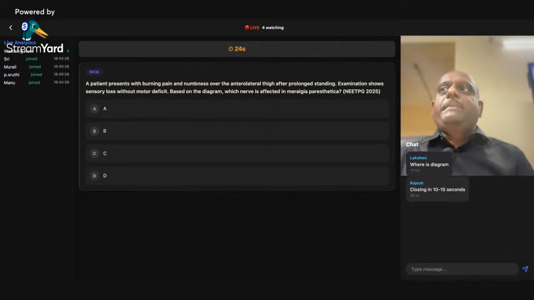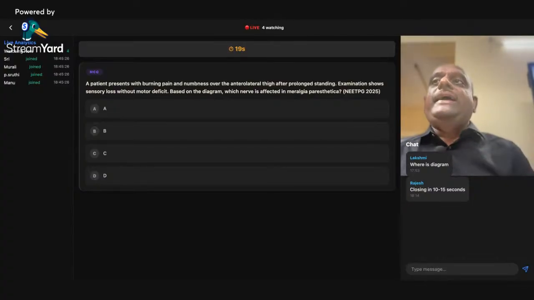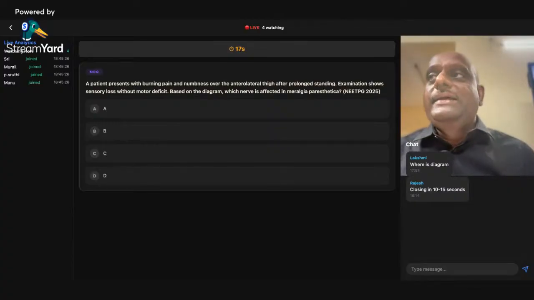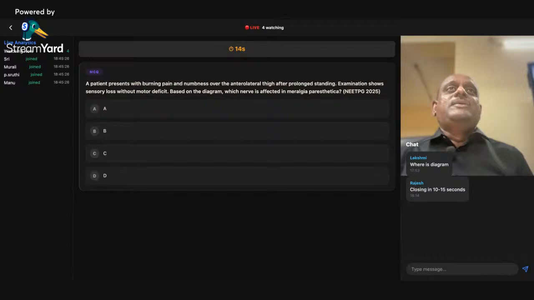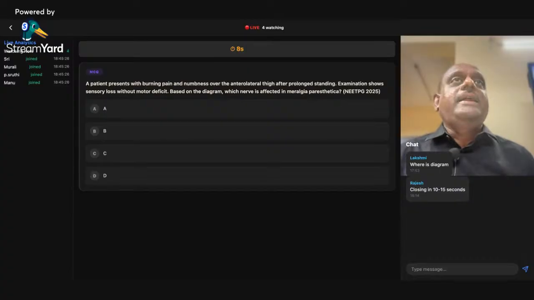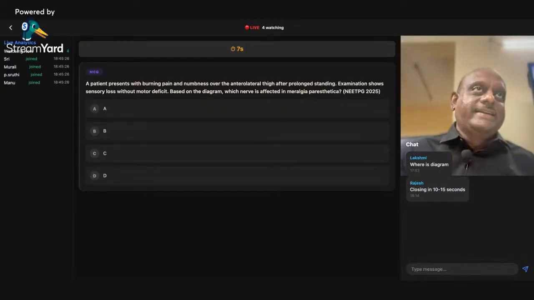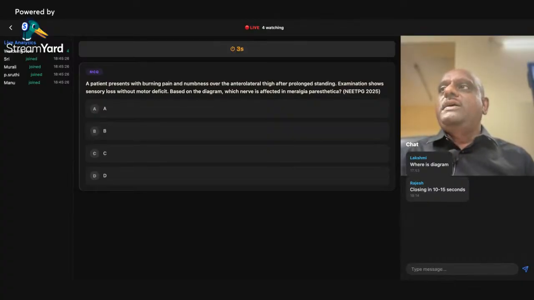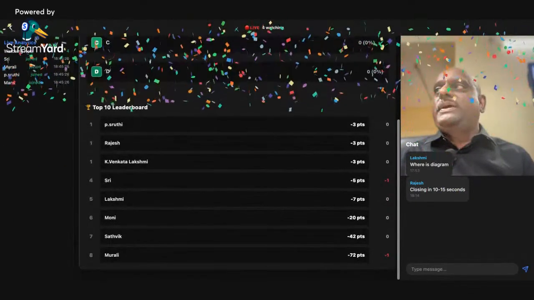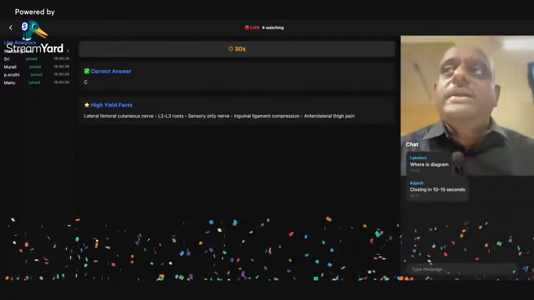Now you answer this question. A patient has a burning pain and numbness over the anterolateral thigh after prolonged standing. There is a sensory loss, but no motor deficit, which is a very, very important clue. So, which nerve is affected in Meralgia paresthetica? Actually, it is also an image-based question. But anyway, for Meralgia paresthetica, what is the nerve, doctor?